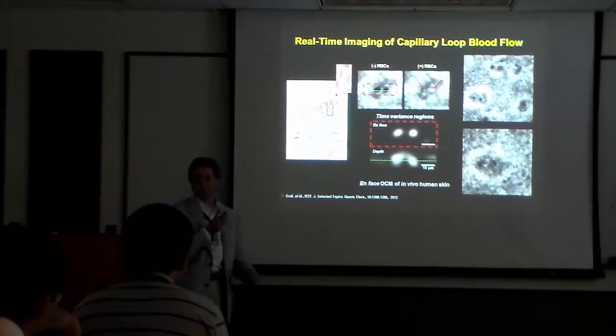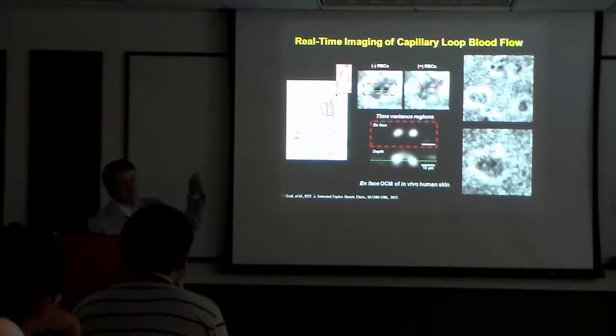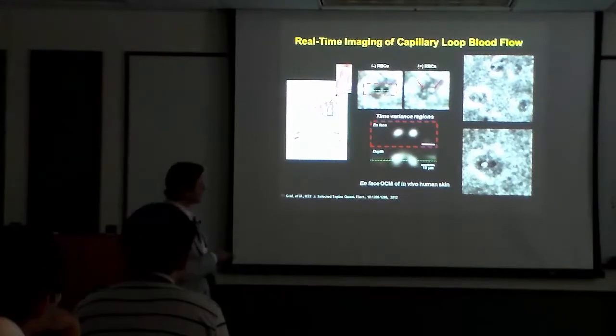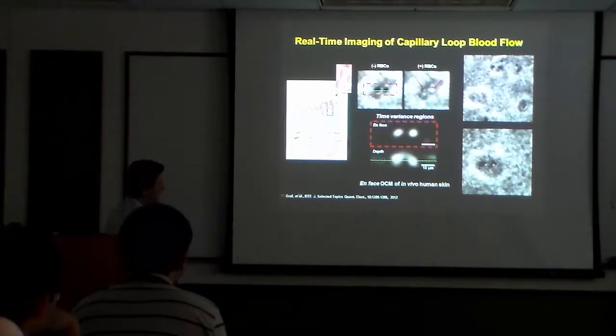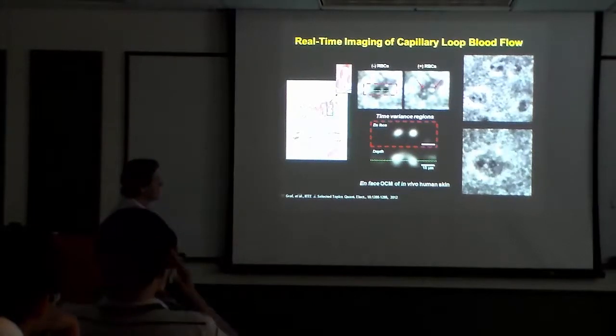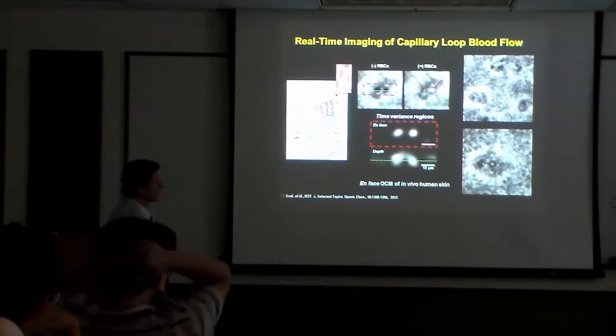These are individual red and white blood cells circulating, flipping over each one of these little capillary loops. This is really interesting; it's the first time we'd seen this, and I don't think anyone else had reported this.